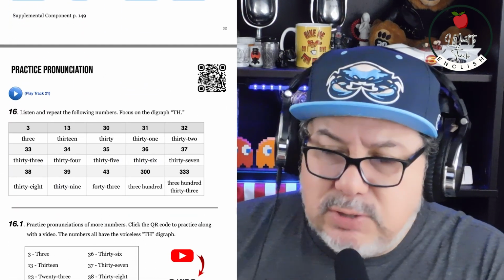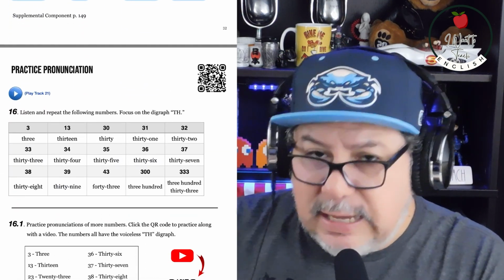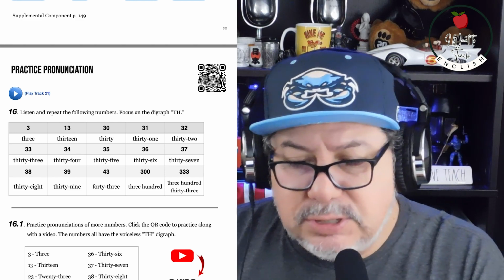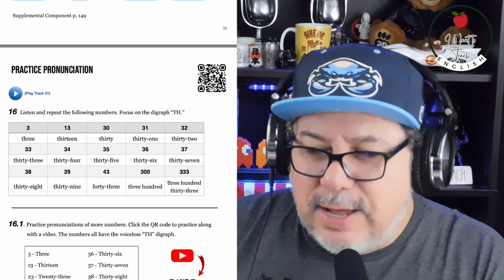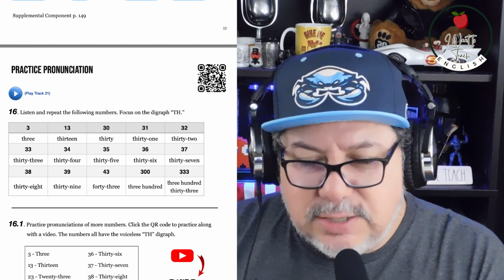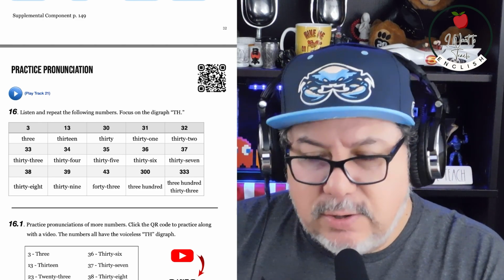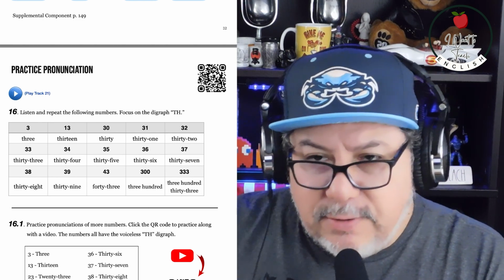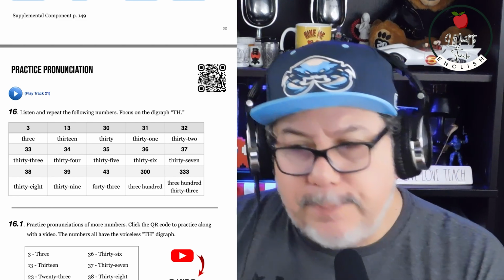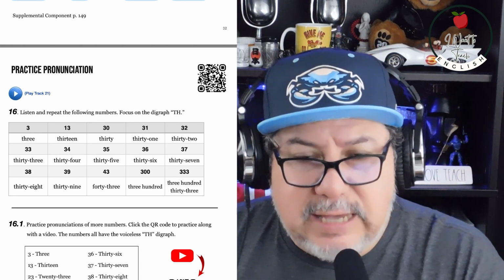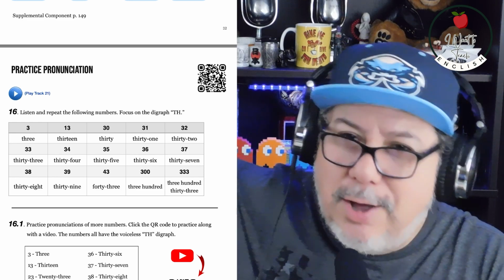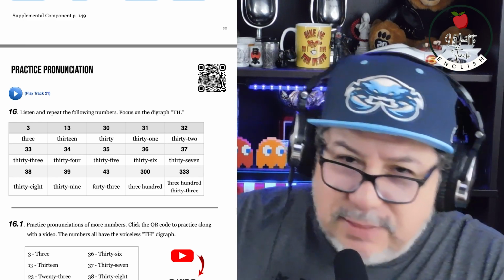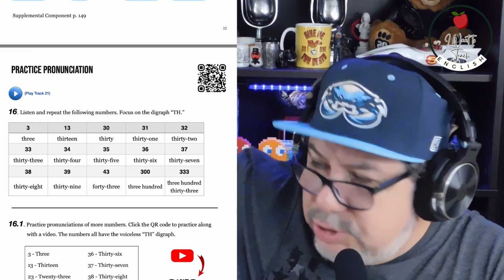Now, the reason why I spend so much time on TH is that when you get to certain numbers like 3 and 30, and I always try to make it humorous, I tell students, okay, you've got to say the letter and the number 3, right? A lot of times they'll struggle with that TH and they'll say tree. And of course I'll draw a tree on the board and say, this is not the number 3, this is a tree, right?